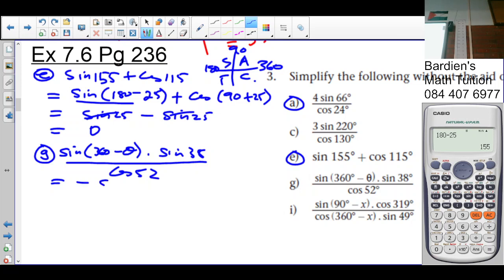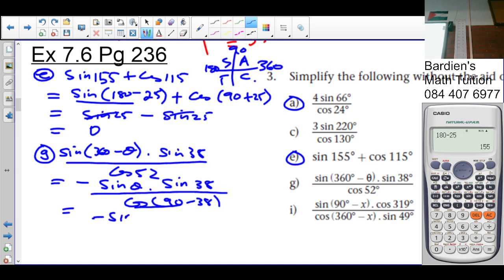Sine is negative, so it's negative sine theta times sine 38, over cos (90 minus 38). So that reduces to sine. So it's negative sine theta times sine 38 over sine 38. That cancels, leaves us with negative sine theta.